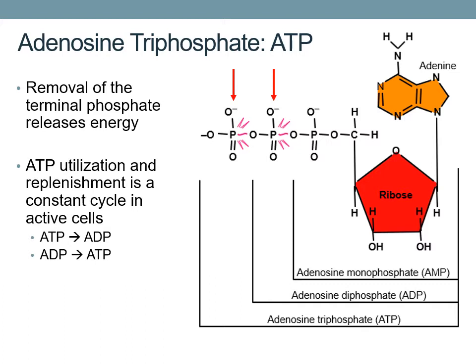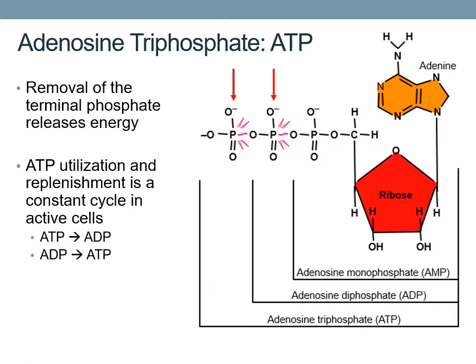The removal of the third phosphate results in adenosine diphosphate, a molecule with 2 phosphates. That second phosphate can also be removed to release energy, but less energy is released from ADP than is released from ATP.